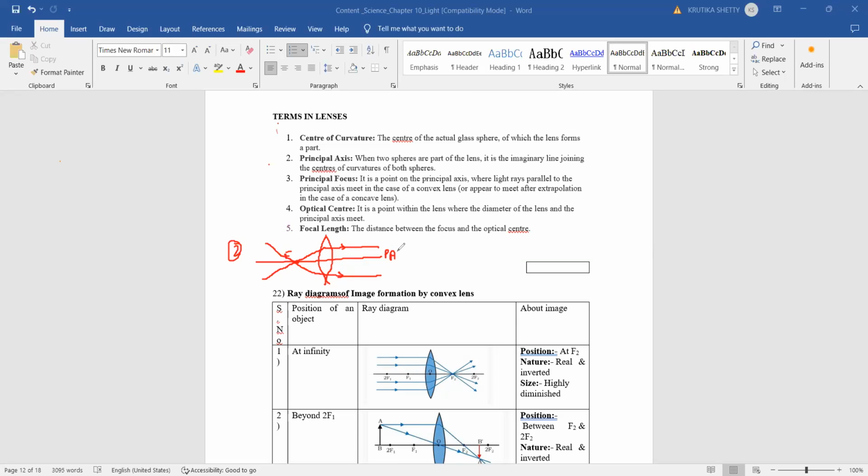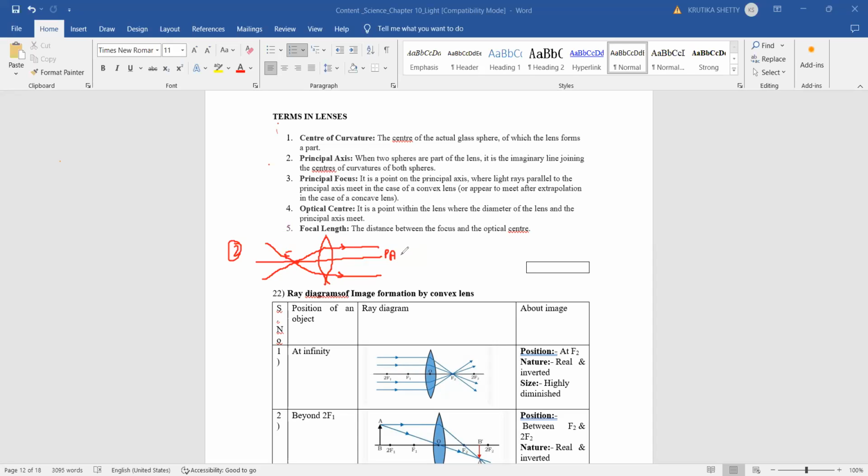Write down in your book, type 2: if a ray passes through principal focus, then after refraction in the lens, it emerges parallel to the principal axis.